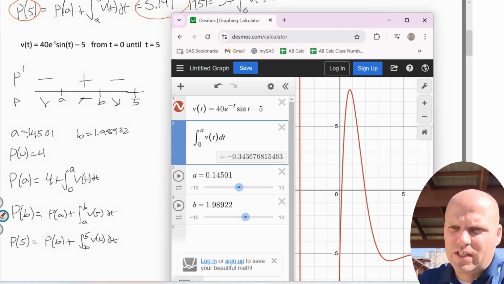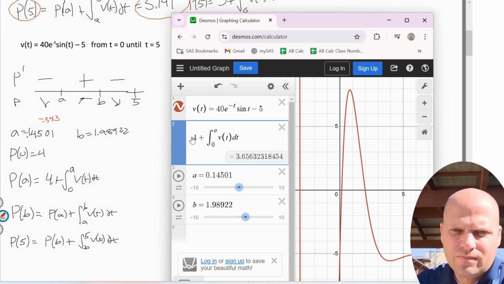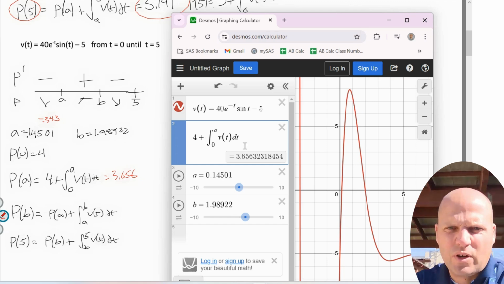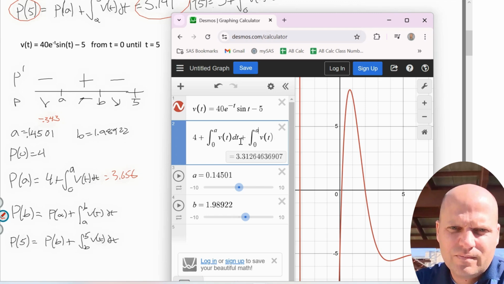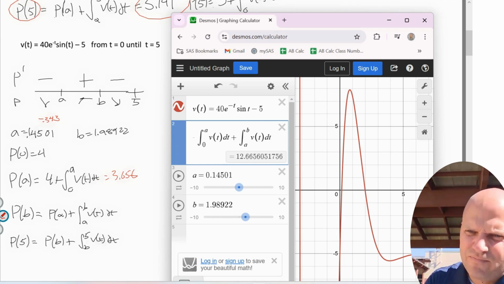Look, we already have this value is negative 0.343. Add 4 to that, and I get my position at A is 3.656, which is just a little left of where we start. And then we're going to increase. I'm going to copy this and paste this and add A to B. Might be easier than copying down that number and using it.